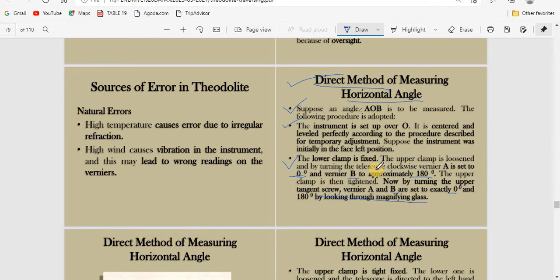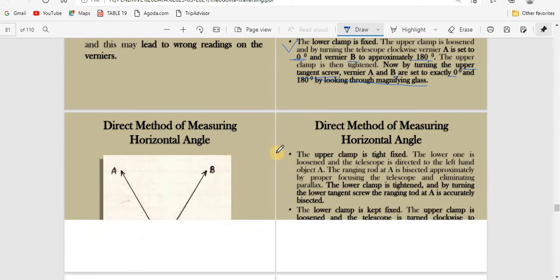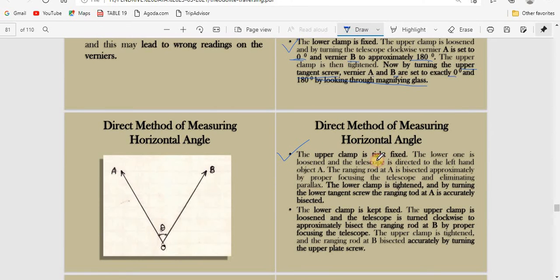But to make it exactly 0 and exactly 180 degrees, you have to use the upper tangent screw, bringing vernier A exactly at 0 and vernier B exactly at 180 degrees by looking through the magnifying glass. Then the upper clamp is fixed and tight.